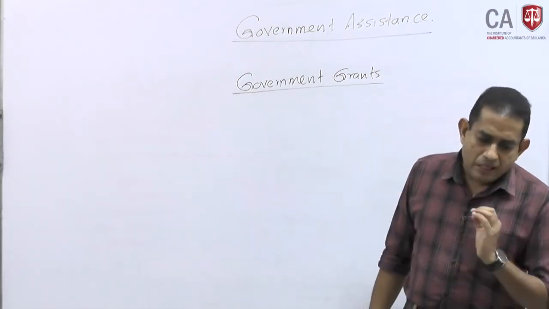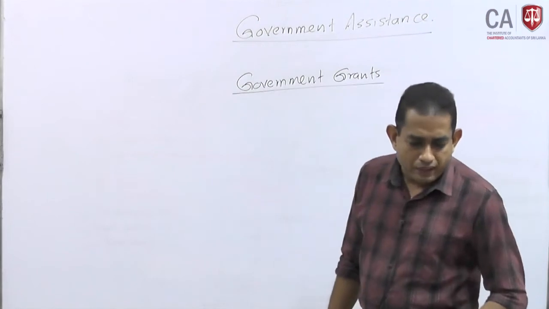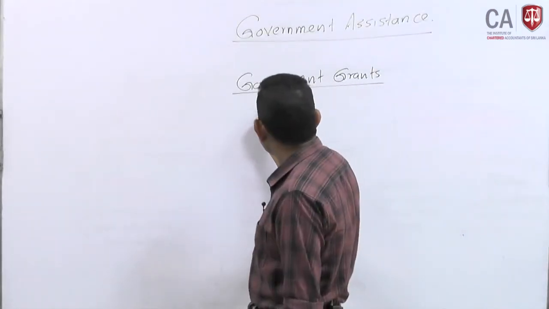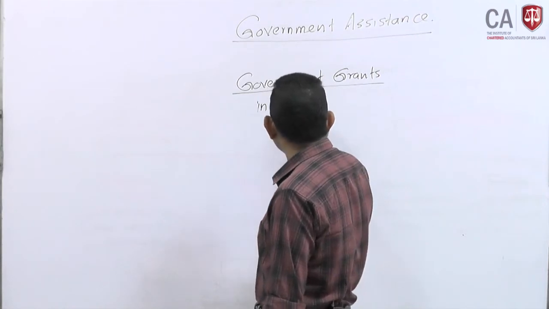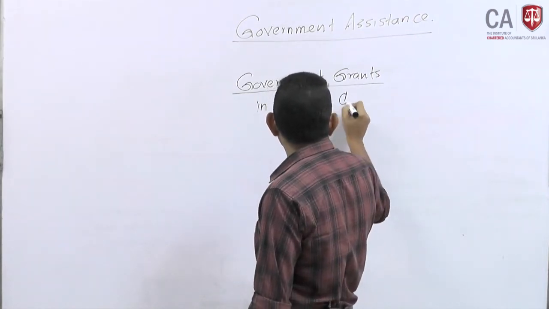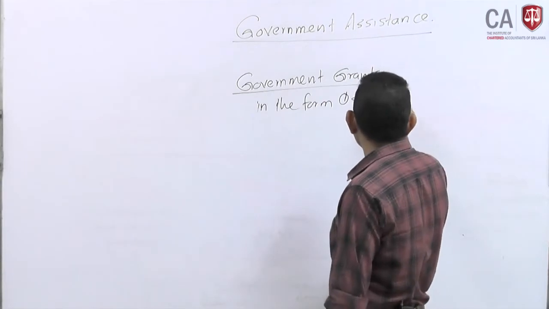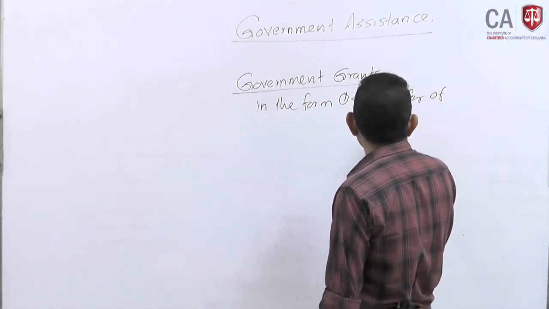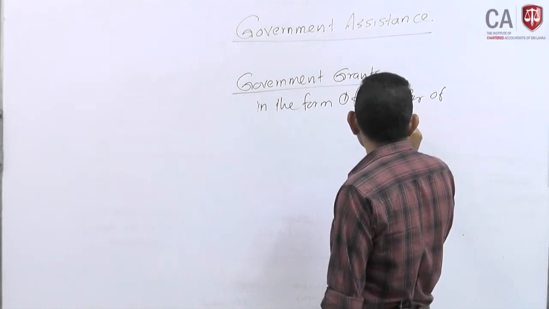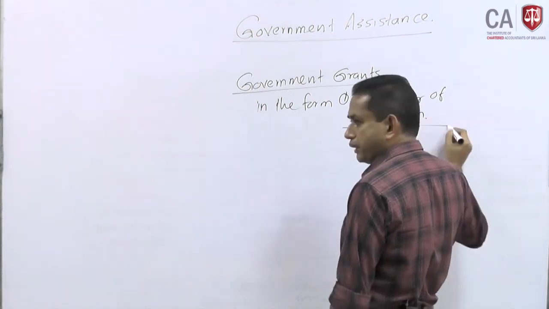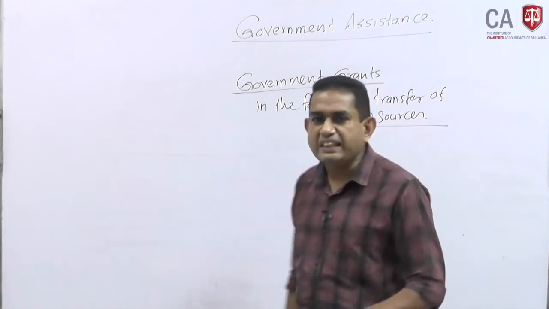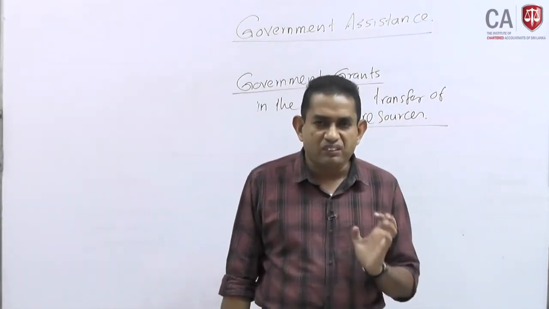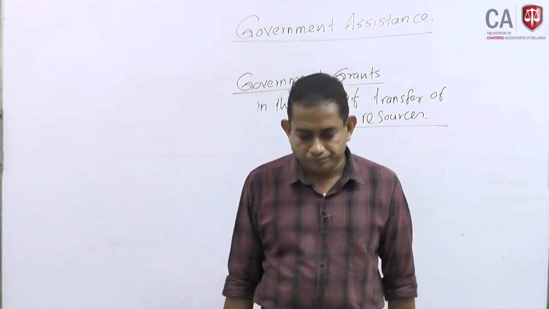Government grants are assistance by government in the form of transfer of resources. This is very important. This is the key term around which the entire meaning of government grant is now revolving.